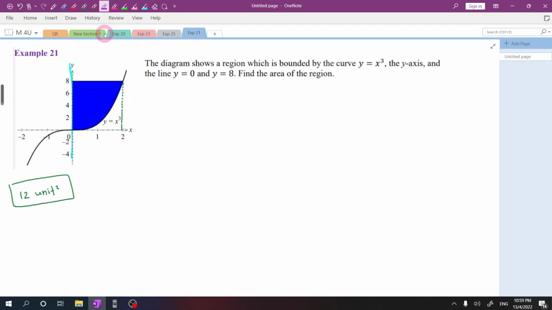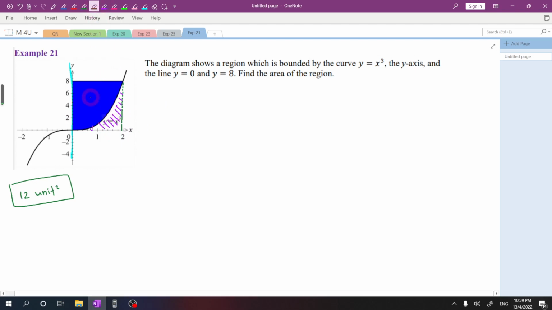I can find the area of this region first. Then I take the area of this rectangle minus the area of this purple region. Okay, let's see how we use this method.